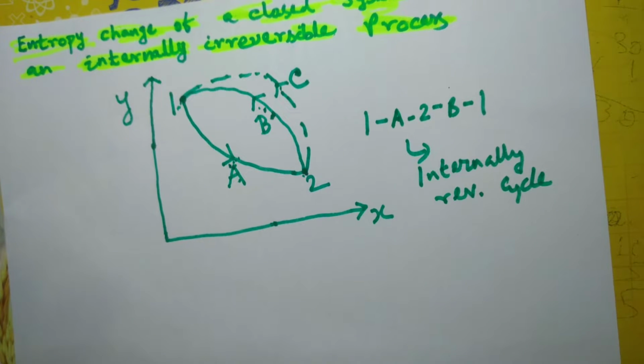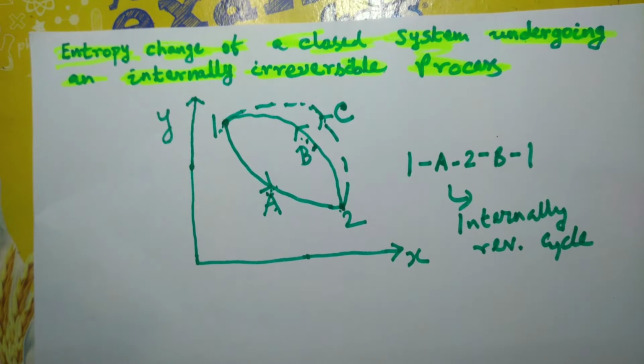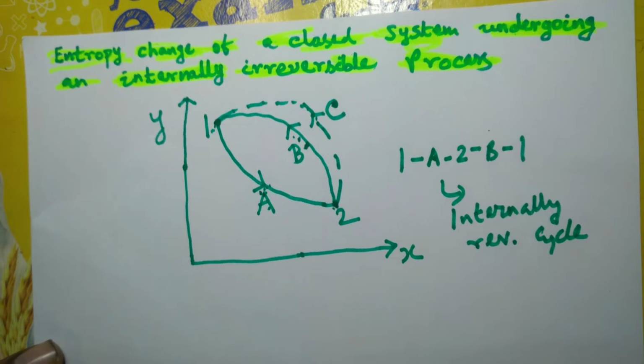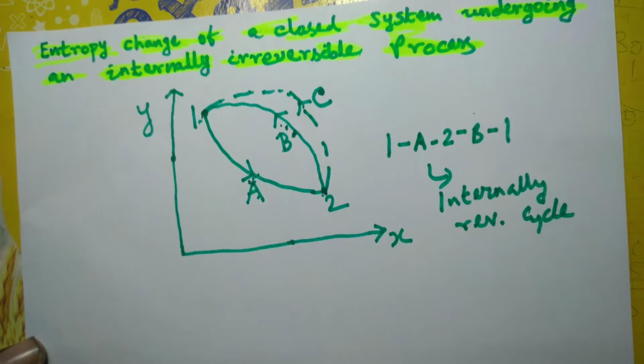Whenever a cycle consists of all reversible processes, that cycle is a reversible cycle. And if any process constituting the cycle is irreversible, then the cycle is called an irreversible cycle.